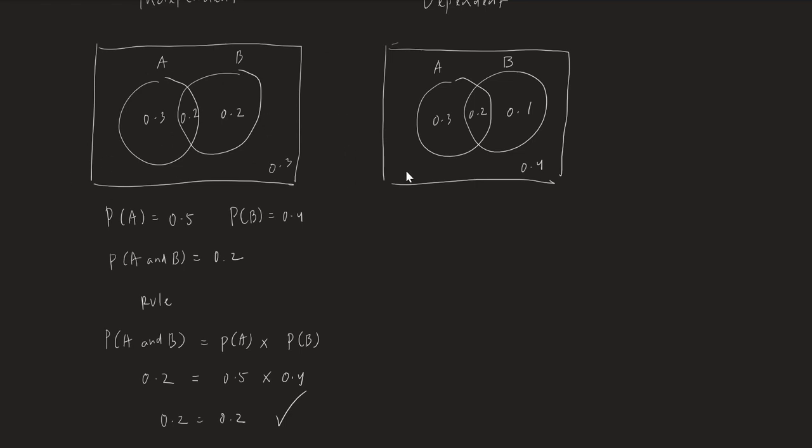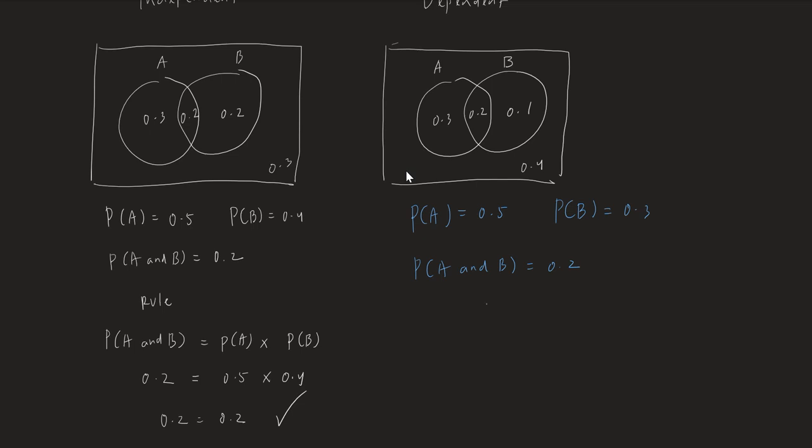Next, on the right side, what is the probability of A? 0.5. And the probability of B? 0.3. What is the probability of A and B? 0.2.